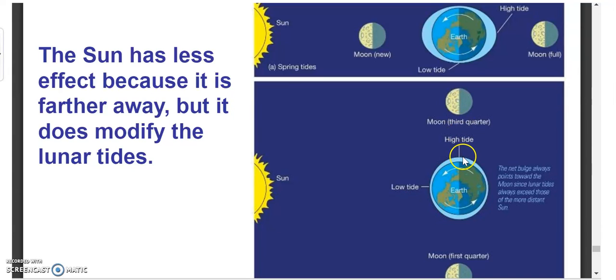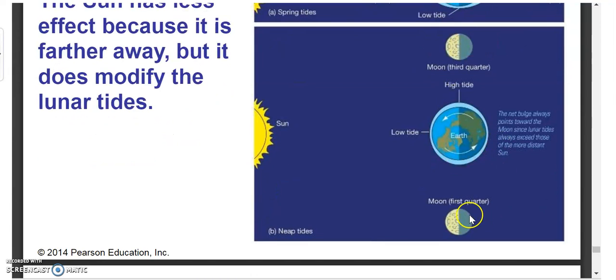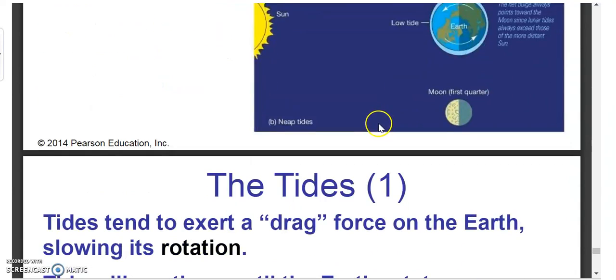So it would be the lowest high tide that's going to occur, and they can only occur when the moon, the Earth, and the sun are at 90 degrees from each other, and that of course occurs during the phase of first quarter and the phase of last quarter.